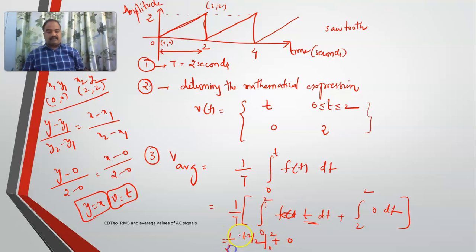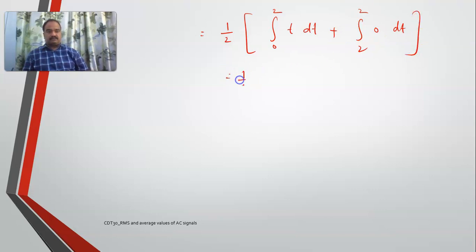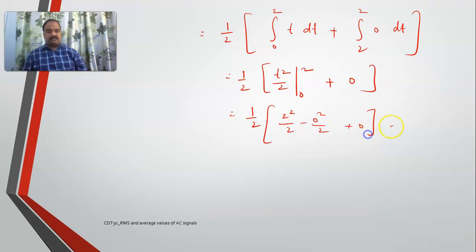The overall capital T is 2. So it is 1 by 2 integral 0 to 2 t dt, which is t square by 2 from 0 to 2 plus 0. That is 2 square by 2 minus 0 square by 2 plus 0, which is 4 by 2, 2, and 2 by 2 is 1. So this is my average value.